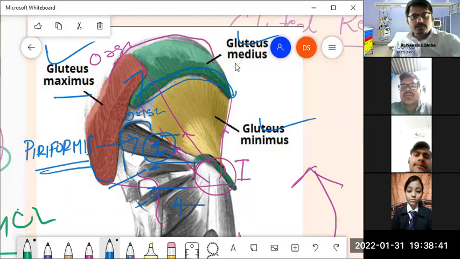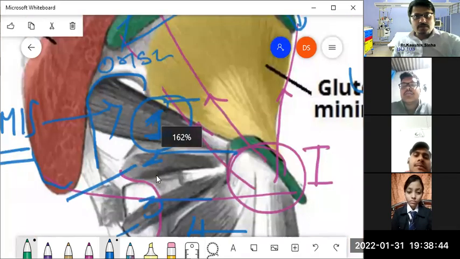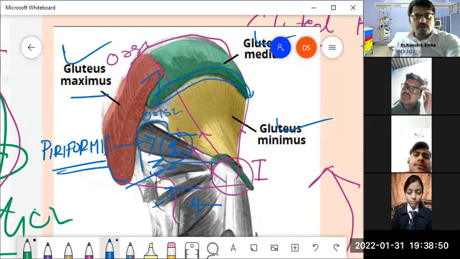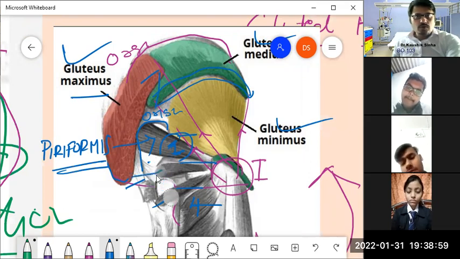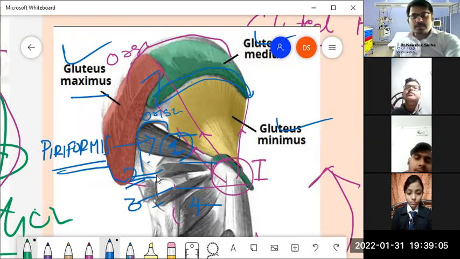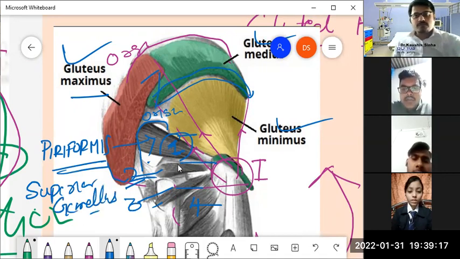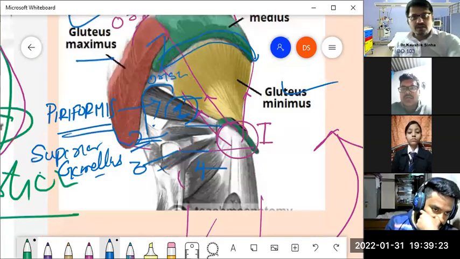If I zoom into this area a bit more, you will find that the muscle I am labeling as 3 is lying below the muscle labeled 2. Both these muscles are known as gemelli, but the muscle labeled here as 2 is known as superior gemellus. Accordingly, the muscle number 3 is known as inferior gemellus.